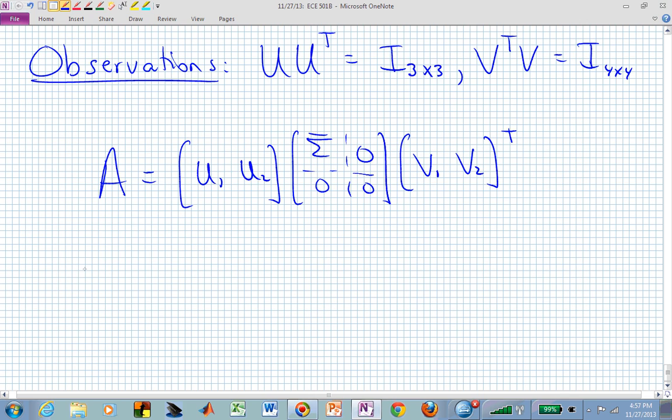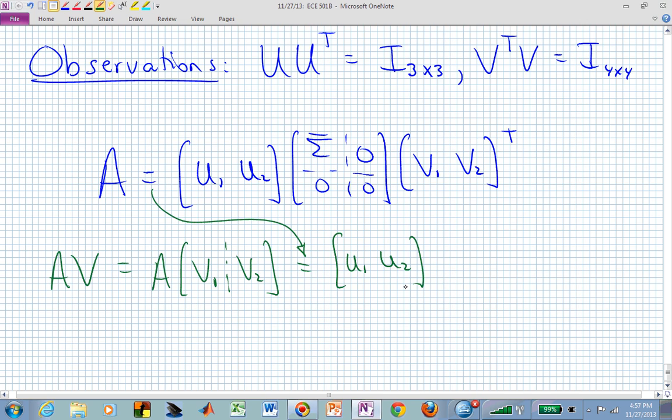I'm now saying if I take A and hit it on the right with V, I'm going to get A times V1, V2. But that's now, if I look at what that does here, I now have U1, U2 times sigma bar 0, 0, 0.